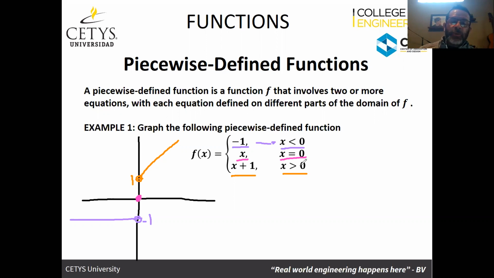Okay, so these piecewise functions are usually defined as f of x, and we've got a bracket here with the different sections defined. What we do is graph or sketch each of them according to the different restrictions that we're given, which are always provided here to the right of the function.